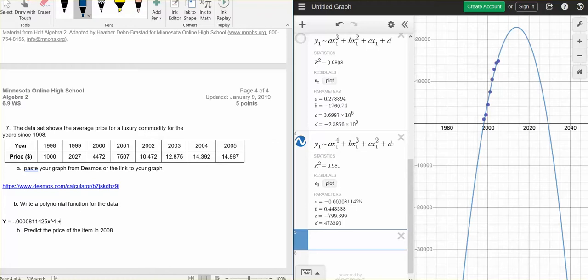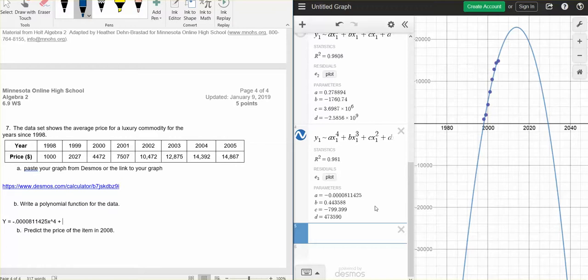And then plus 0.445388x cubed plus, or negative 799.399x squared, and then plus the 47359x. So you type all that in, and that would be your function.